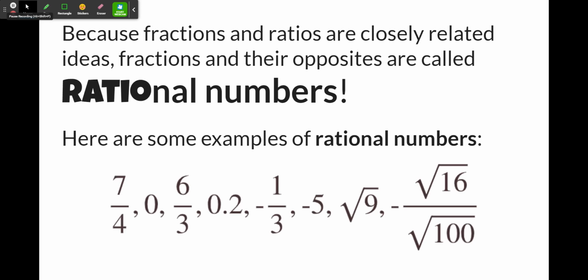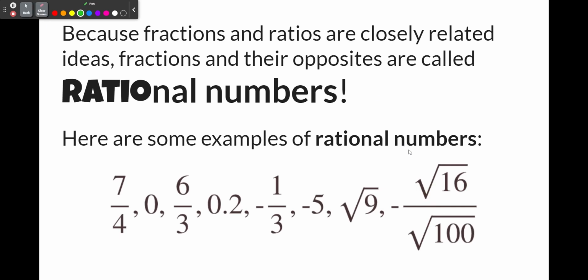Here are some examples of rational numbers. So we have 7/4, we have 0, 6/3. If you notice, we have squares on there. Now, mind you, they're perfect squares. So the square root of 9 is going to be 3. So, of course, 3 is a rational number. If you make that into a fraction, it's 3 over 1. You also have over here the negative square root of 16 over 100.